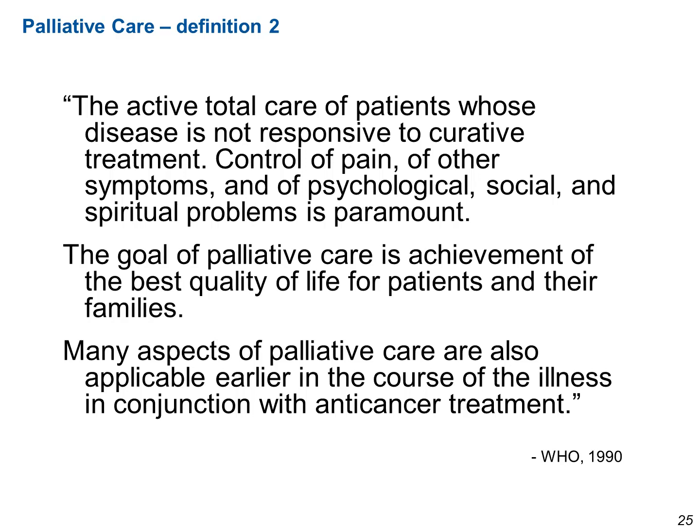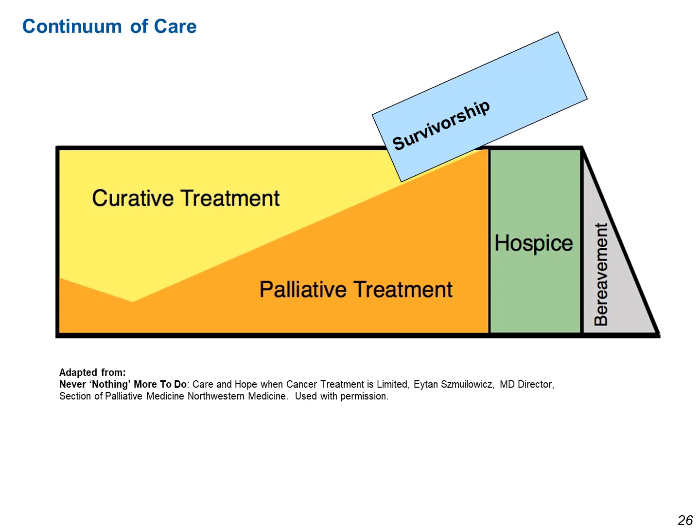Many aspects of palliative care are also applicable earlier in the course of the illness, in conjunction with anti-cancer treatment. The continuum of care may start with a curative treatment goal, transitioning to survivorship, and then palliative care and hospice if the disease progresses or recurs, and bereavement in the end.